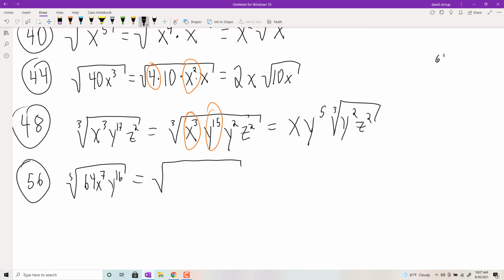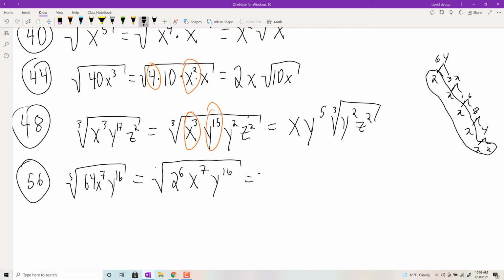Over here to the top right, 2 times 32, 2 times 16, 2 times 8, 2 times 4, and that's 2 times 2. So we have 1, 2, 3, 4, 5, 6 2's. And you could always rewrite 64 as 2 to the 6th. Okay. And then we have x to the 7th, y to the 16th.